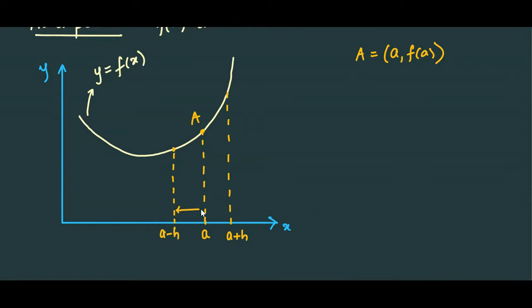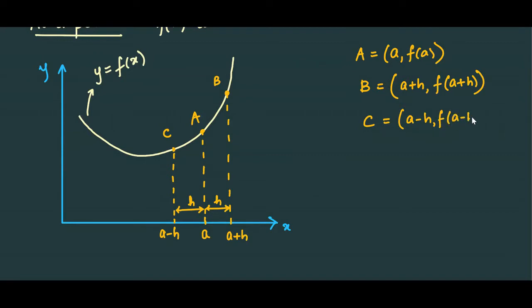So these two distances are equal. Now this point, let it be B, and this point, let it be C. So what will be the coordinates of B? a plus h, comma, f of a plus h. What will be the coordinates of C? a minus h, comma, f of a minus h.